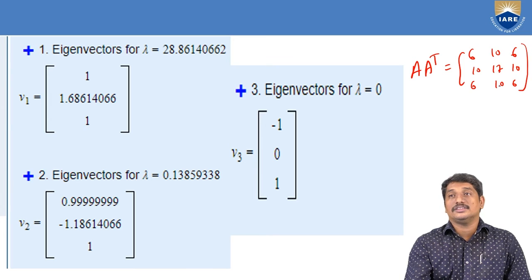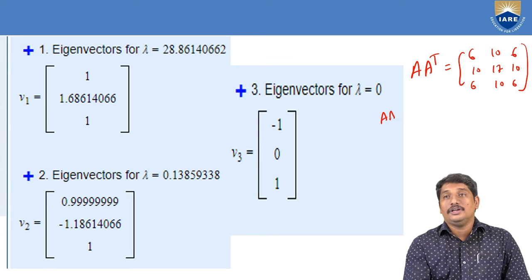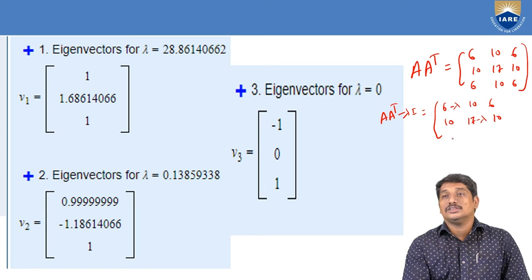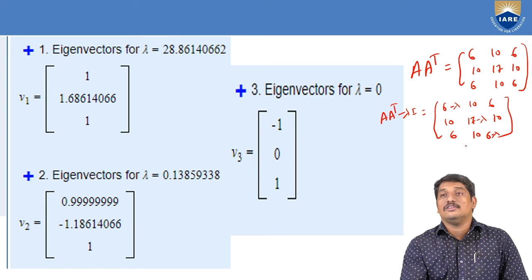This is our matrix. Now, A into A transpose minus lambda I is nothing but 6 minus lambda, 10, 6, 10, 17 minus lambda, 10, 6, 10, 6 minus lambda.